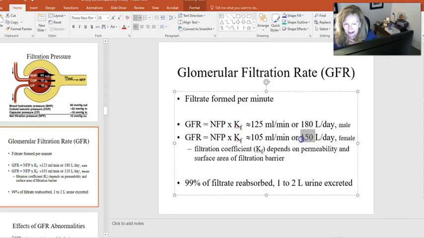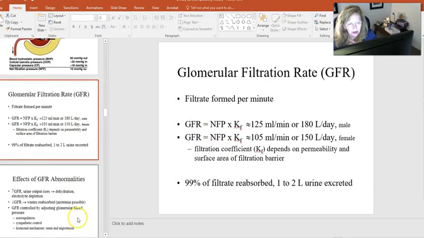As I said, for a normal 150 liters a day, with a normal output of about 1.5 to 2 liters of urine excreted, that means 99% needs to be reabsorbed.